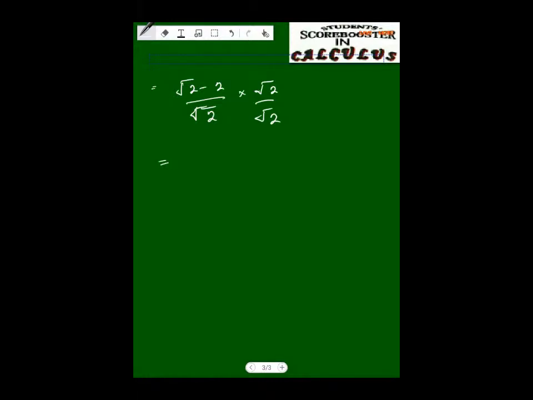So you are going to have root 2 times root 2, that will give you 2, minus 2 root 2 over root 2 times root 2 is 2. And this will give you 2 into 1 minus root 2 over 2. And your final answer is 1 minus root 2.